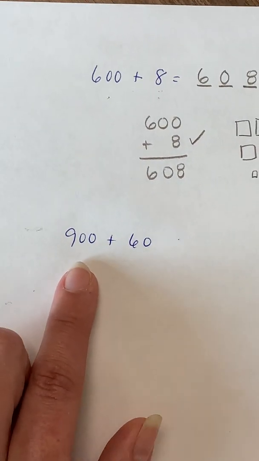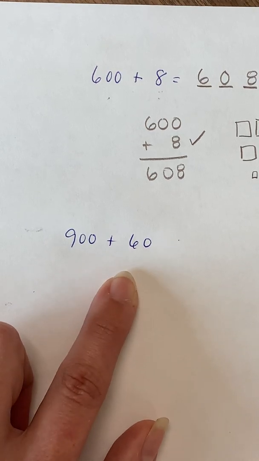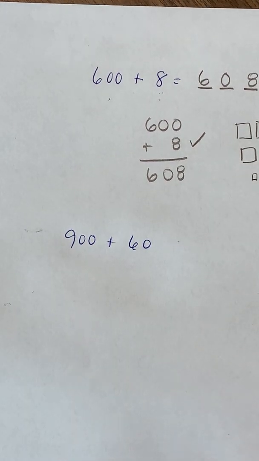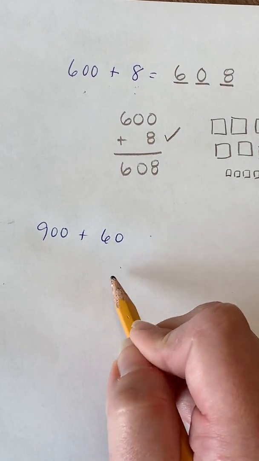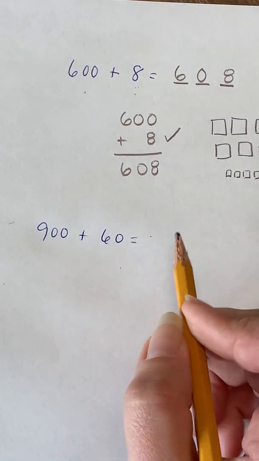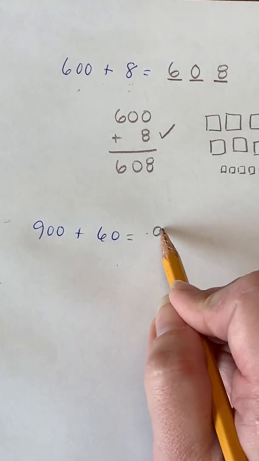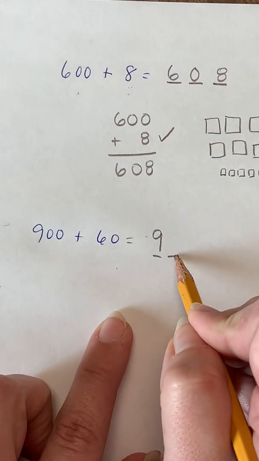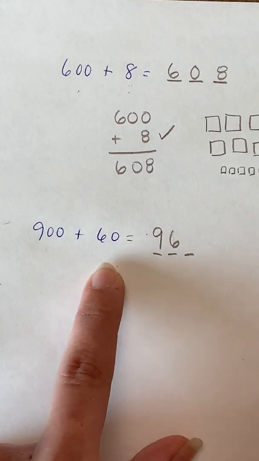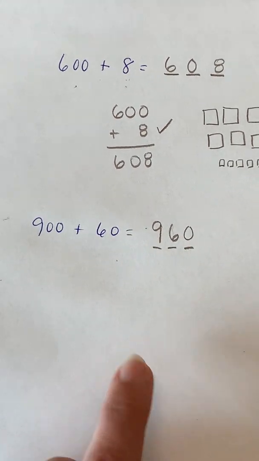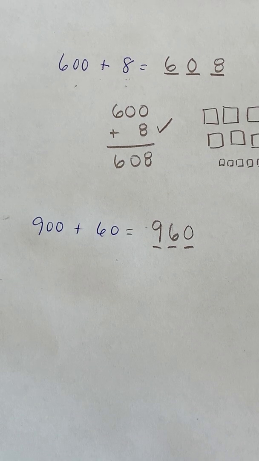Last one, my friends. 900 plus 60. That equals 900, remember 3 digits, 6 tens, 0 ones, 960.